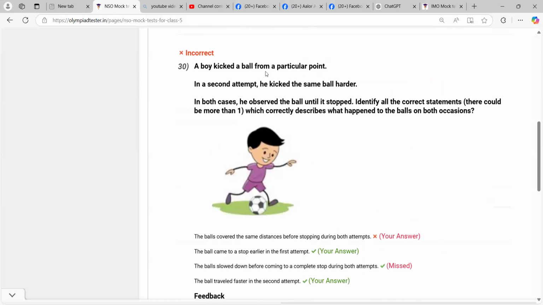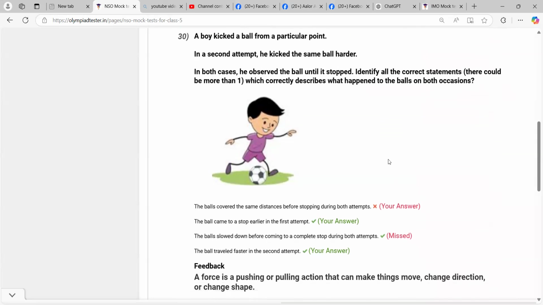A boy kicked a ball from a particular point. In a second attempt, he kicked the same ball harder. In both the cases, he observed the ball until it stopped. Identify all the correct statements. There could be more than one which correctly describes what happens to the balls on both the occasions.